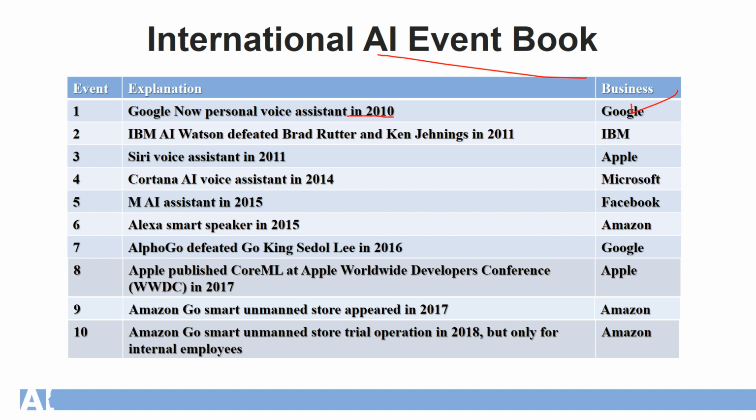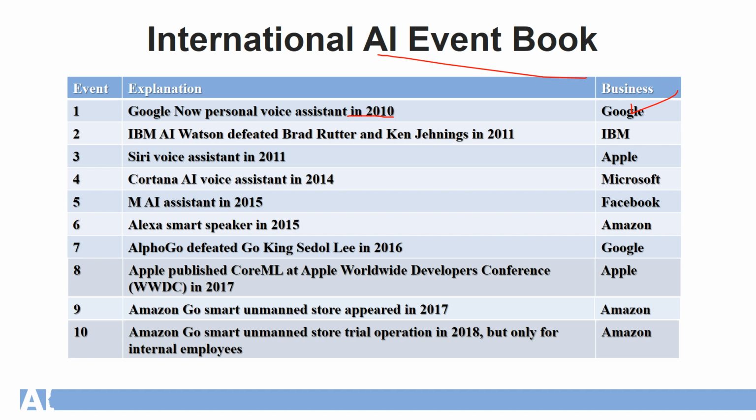Okay, and Apple had a voice assistant, Siri, in 2011. It's called iPhone 4S. So right now iPhone is like 15. So it's way back, like 12 or 13 years ago, right? And Microsoft in 2014 had a voice assistant called Cortana.